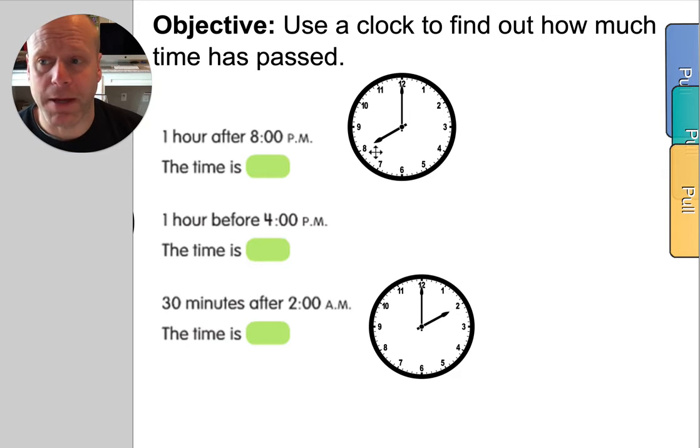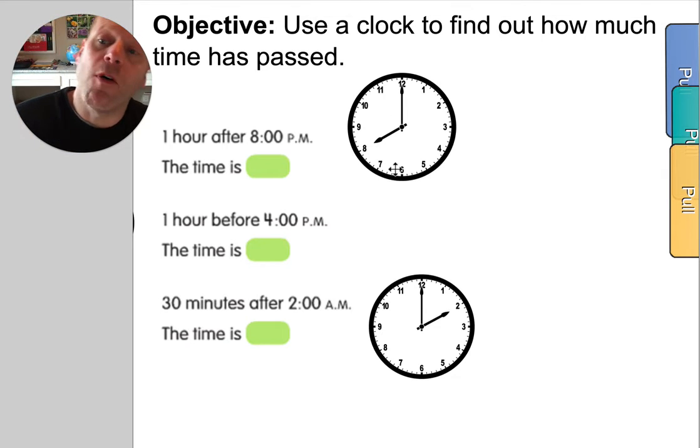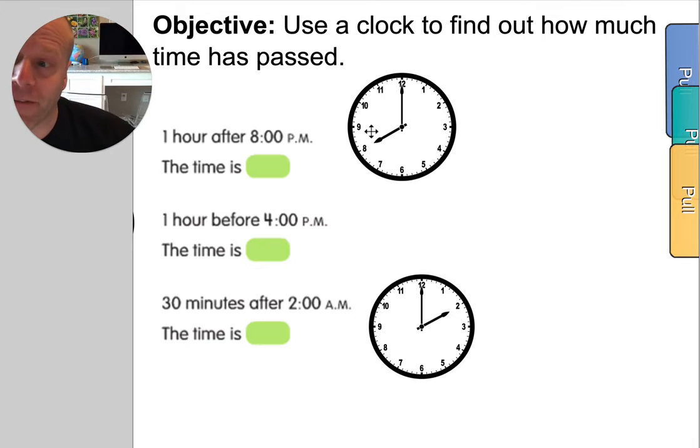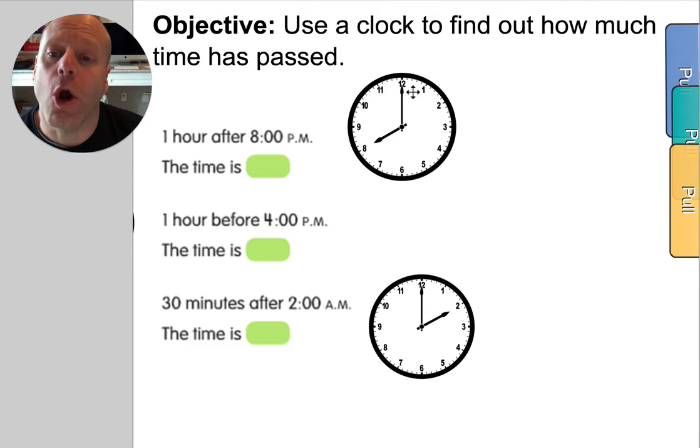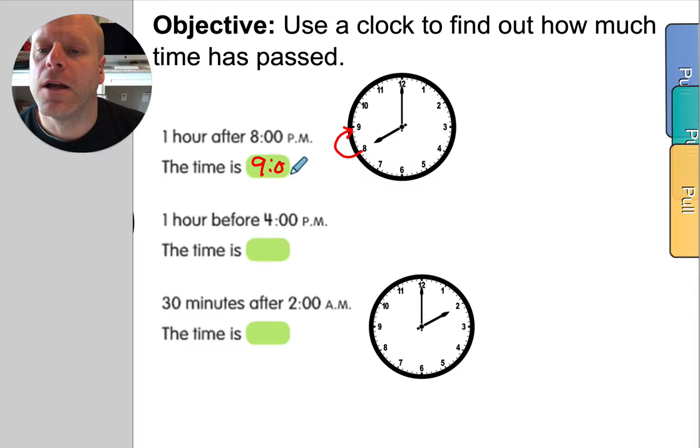Tell me something about it. Tell me 1 hour before it. Tell me 1 hour after it, right? So in this case, we have a clock that says 8 o'clock. But they want to know 1 hour after your 8. So it was 8, but we need to go 1 hour after. See? So now suddenly 9 o'clock is our answer. 9 o'clock. And it's still going to be p.m.